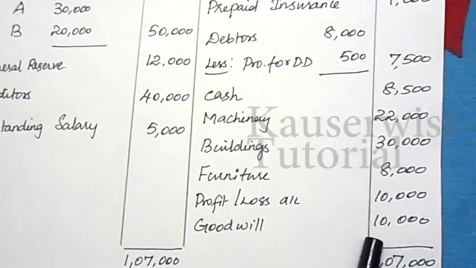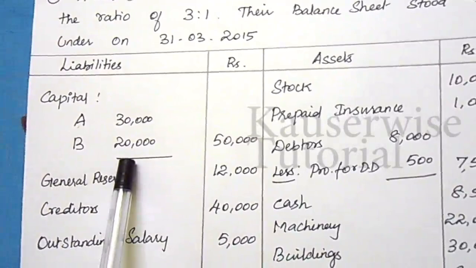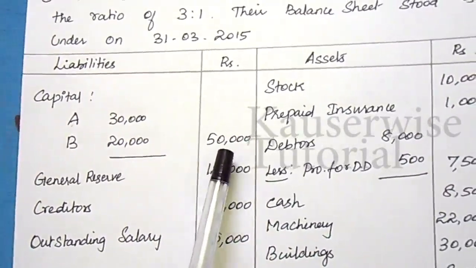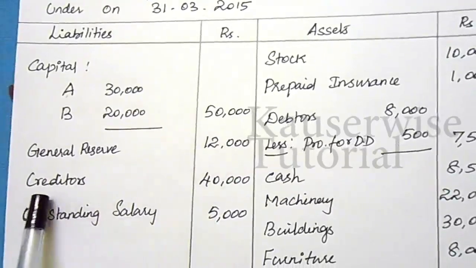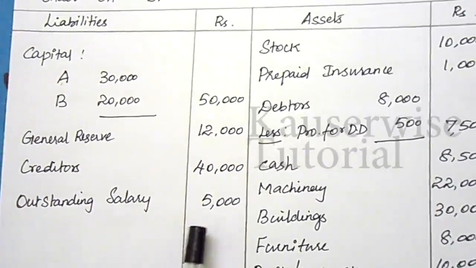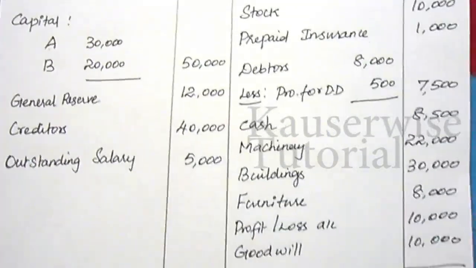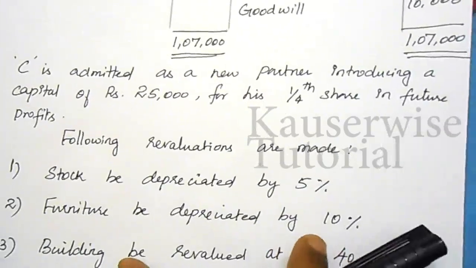Goodwill 10,000. Look at the liability side. A's capital 30,000, B's capital 20,000, total capital 50,000, general reserve 12,000, creditors 40,000, outstanding salary 5,000. So total 1,07,000, 1,07,000.